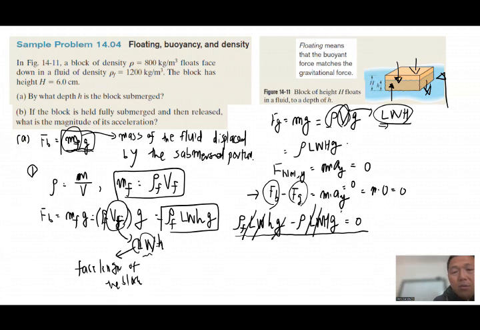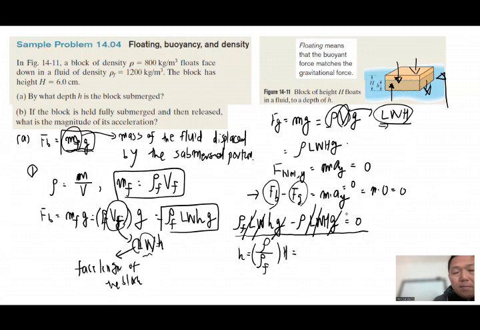So the submerged height h is the ratio between the two densities, the box and the fluid, times the height of the box.